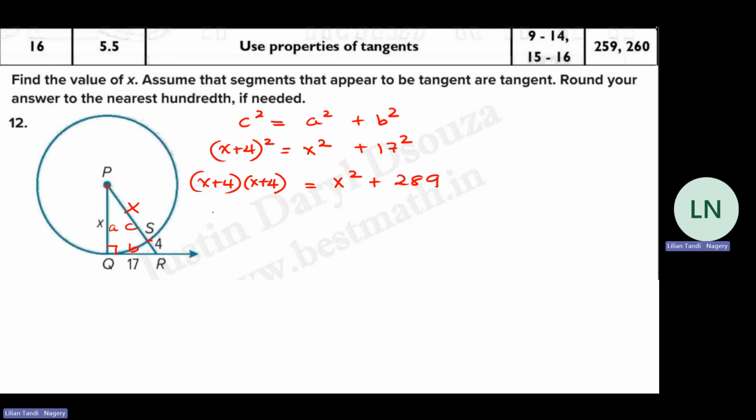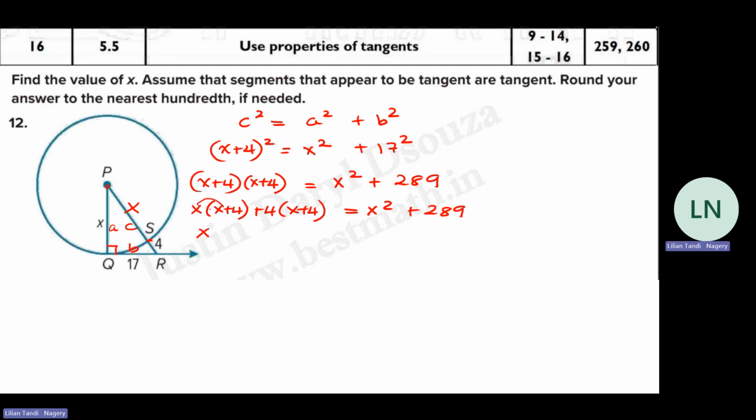Okay, now let's continue. Let's do FOIL or distributive property. X plus 4, X plus 4 equals X squared plus 289.